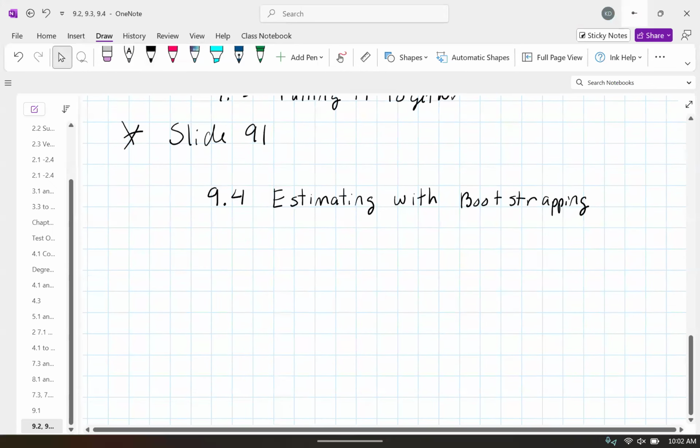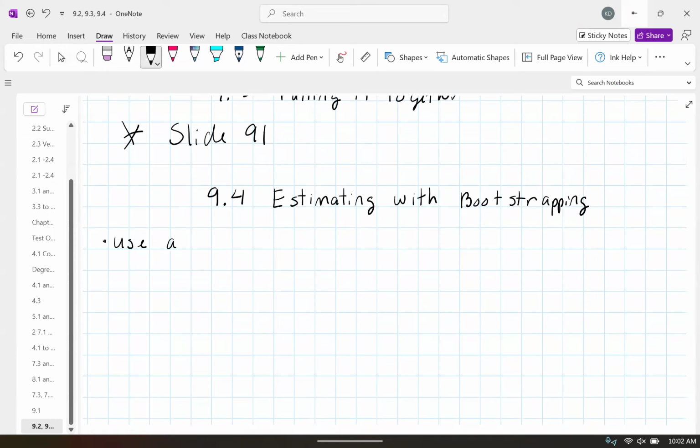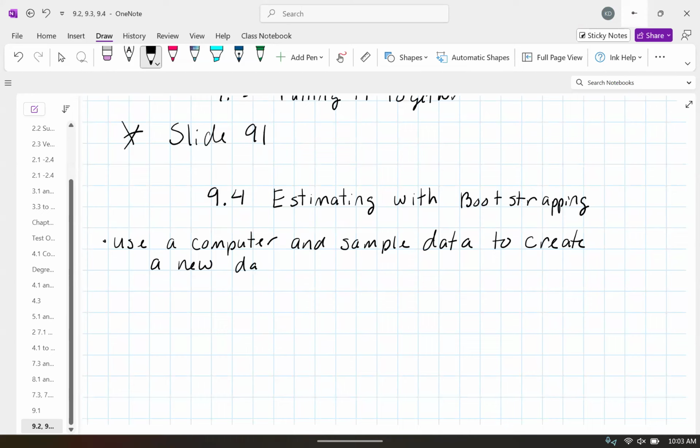So what this is, we use a computer and sample data to create a new data set. We're going to create a new sample set is really what we do.